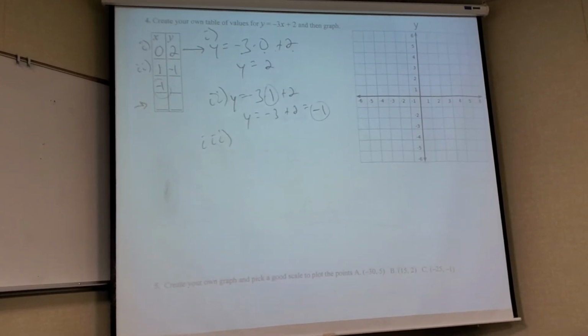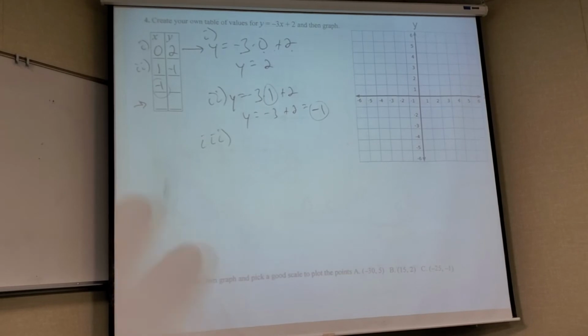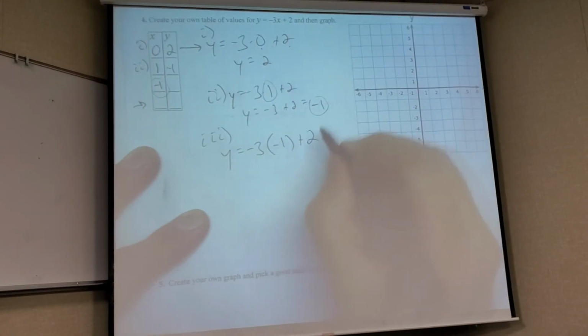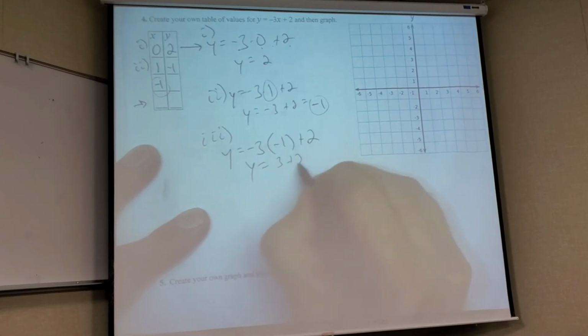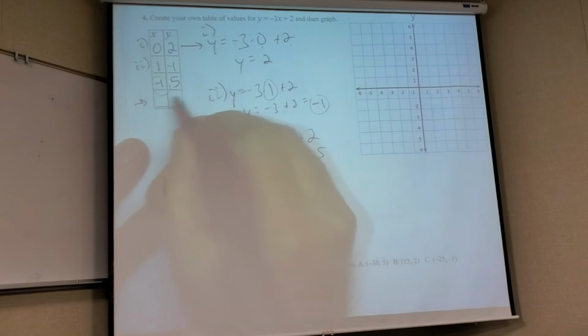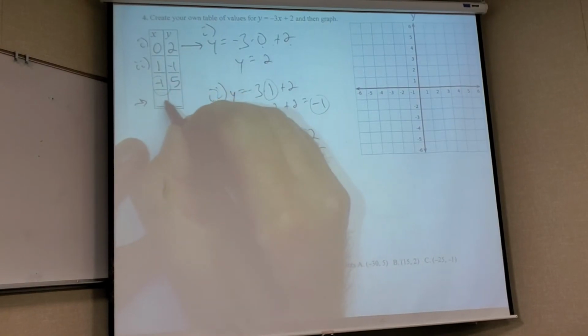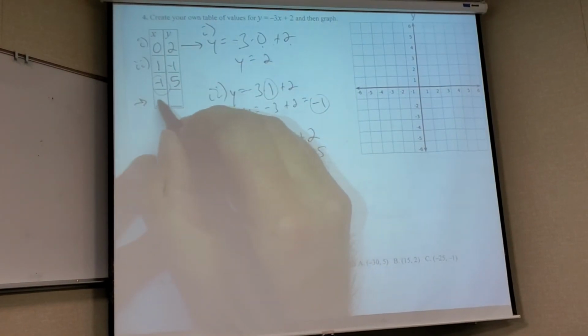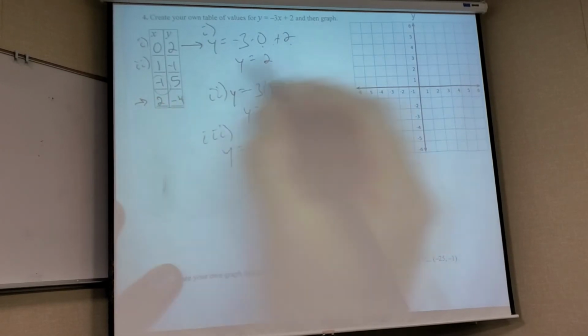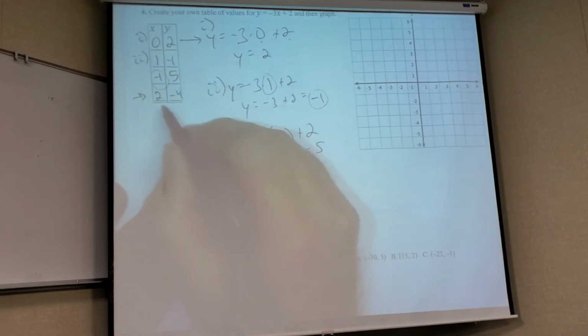When you did negative one, you should have gotten 5, is that cool? Somebody tell me, what's a point you used here? 2, and what'd you get? Negative 4. 2, negative 4. You used 6, what'd you get for the output?